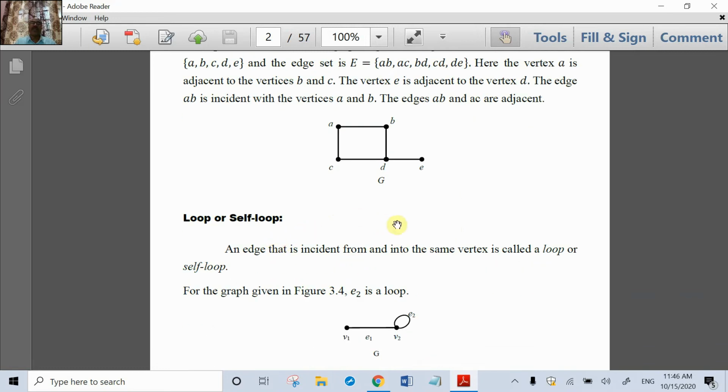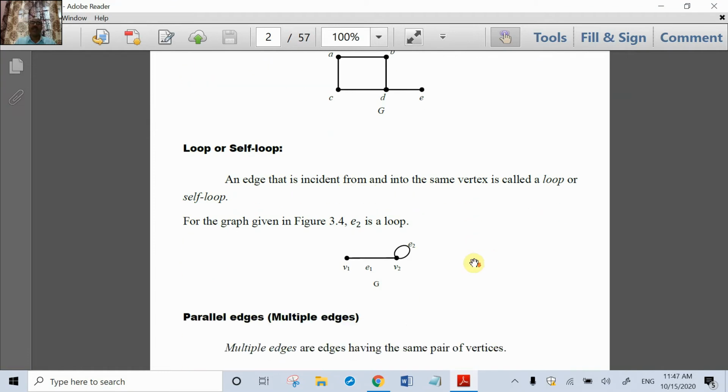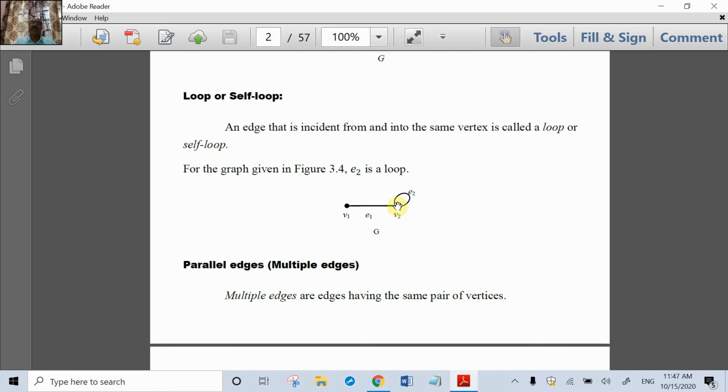Now loop or self loop: an edge that is incident from and into the same vertex is called a loop or self loop. See, here in the figure, E2 is a self loop because E2 equal to V2 V2. The starting and ending vertices are the same, so it is called a loop.